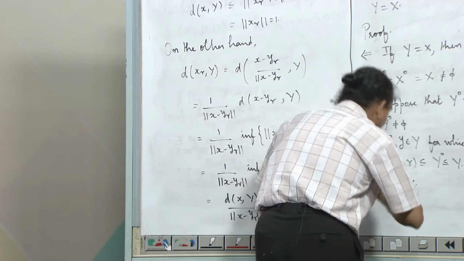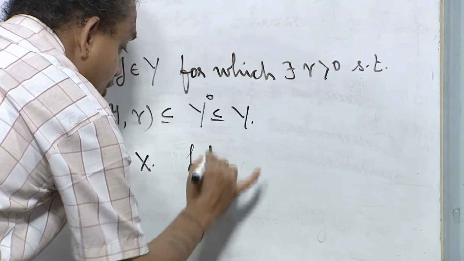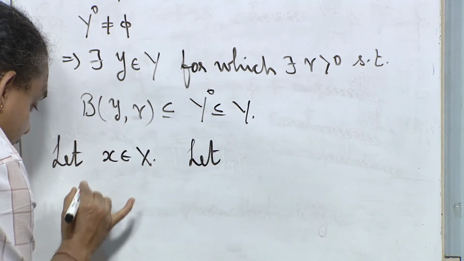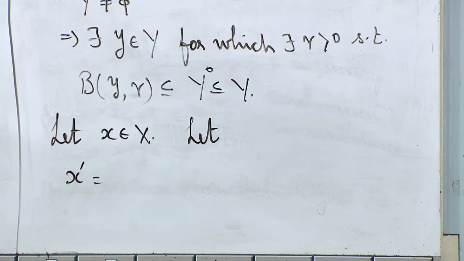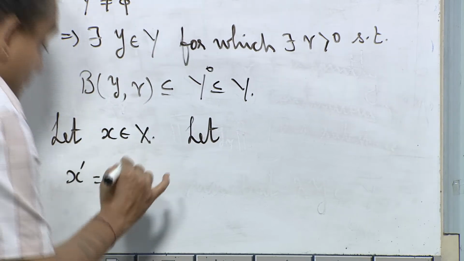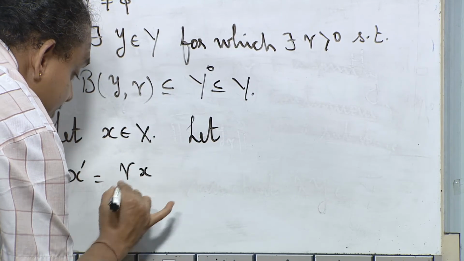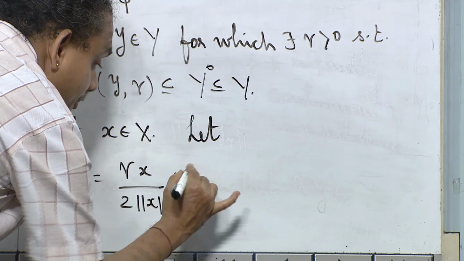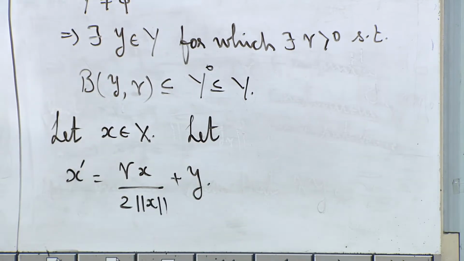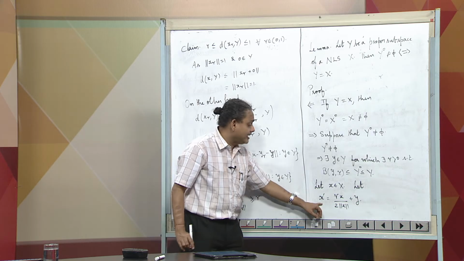Now, let me define a new element x dash. How is it going to be? Let me define it as r x upon 2 times norm x, plus y. Basically, what have I done?